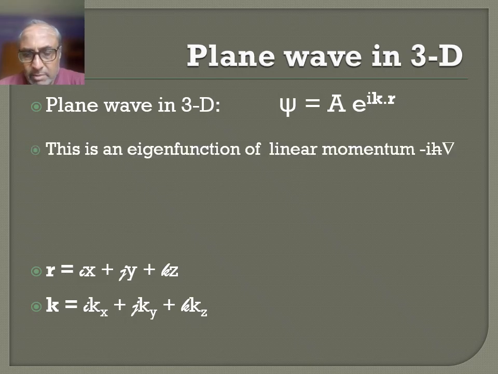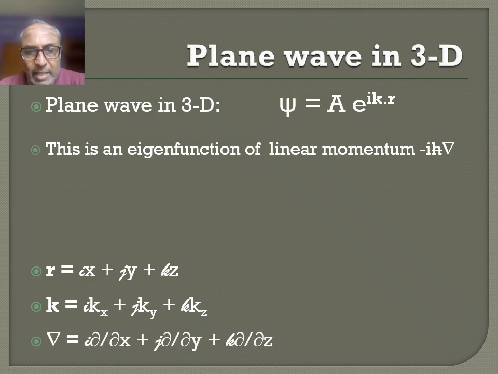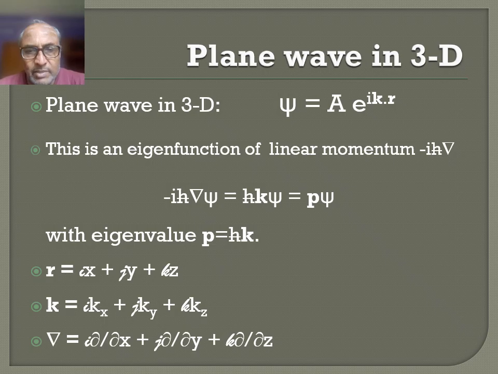And so this is an eigenfunction of the linear momentum operator in 3 dimensions, minus i h-bar del, where del is i del/del x plus j del/del y plus k del/del z. So we see that just as before, minus i h-bar del operating on psi is equal to h-bar k times psi, which is the linear momentum eigenvalue p times psi, where p is equal to h-bar k.